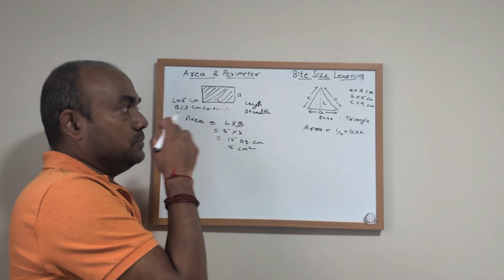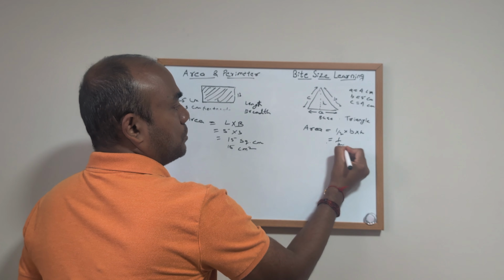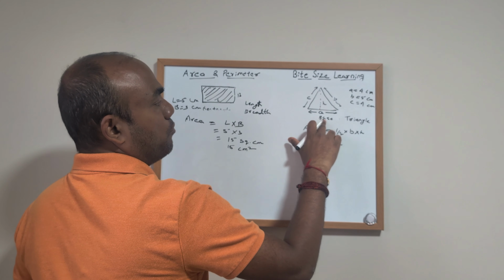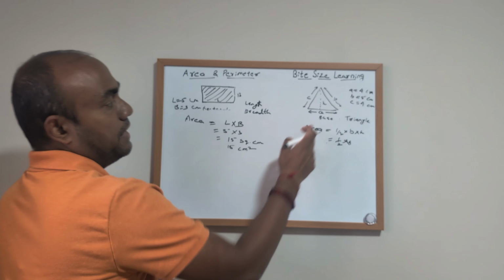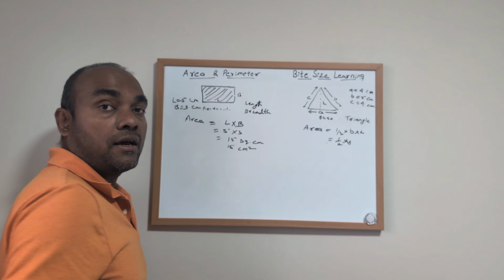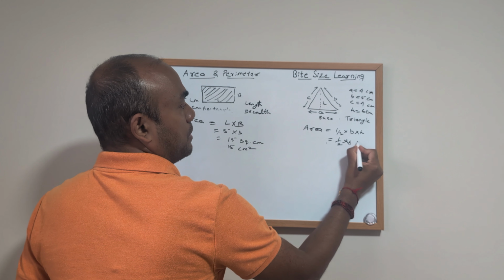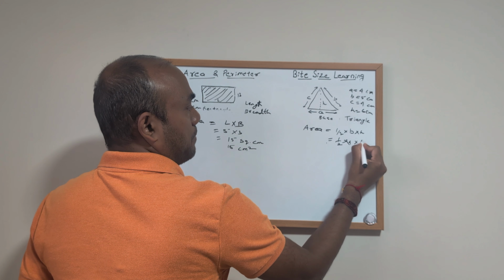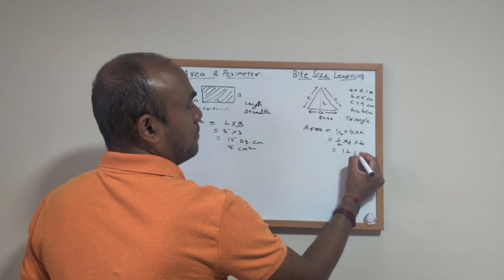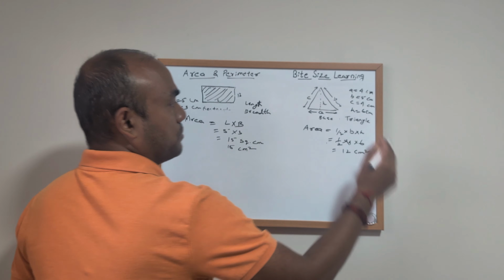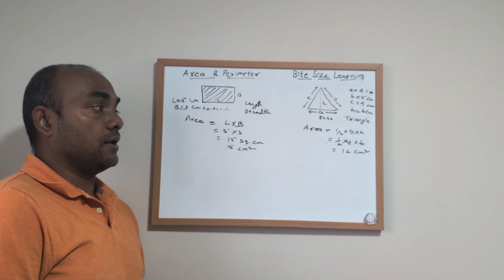Let's say base is side A, which is 4 centimeter in this case, and the height of the triangle is 6 centimeter. Multiplying, it is 12 centimeter square. This is how you calculate the area of a triangle.